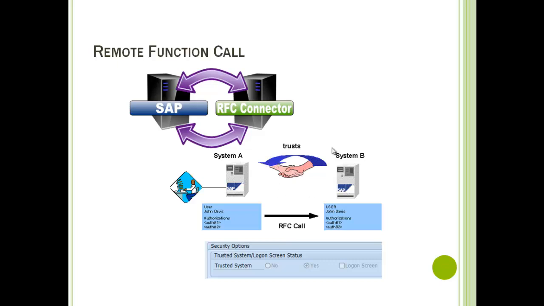That means if you are user A in system A, and systems A and B are trusted, using user A you can log into B. That is trusted, because you already trust the system.